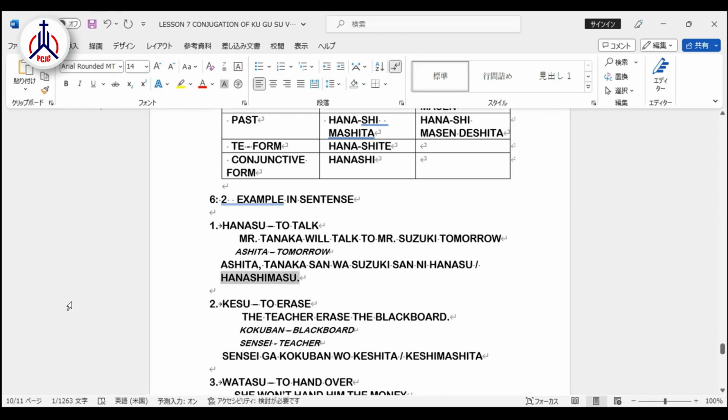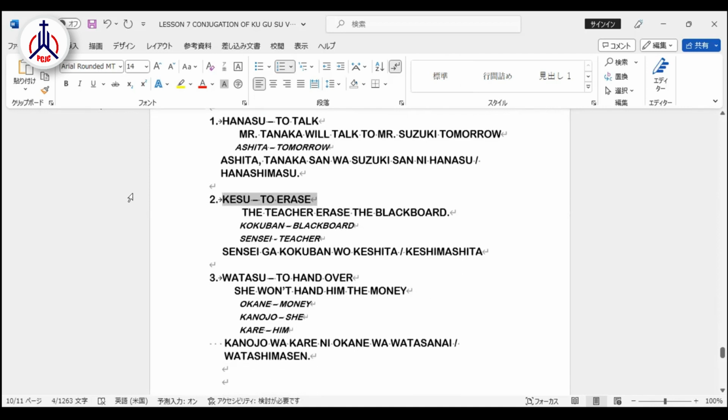Okay? Next. Another su verb is kesu, means to erase. The teacher erased the blackboard. Kokuban means blackboard in Japanese, and sensei is teacher.